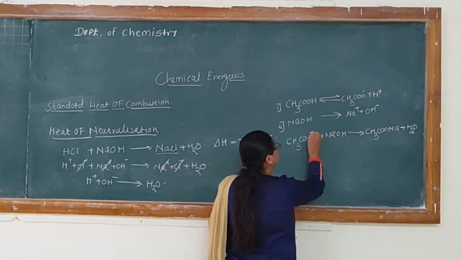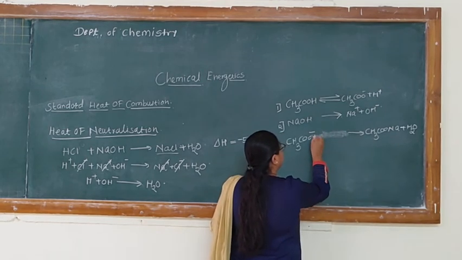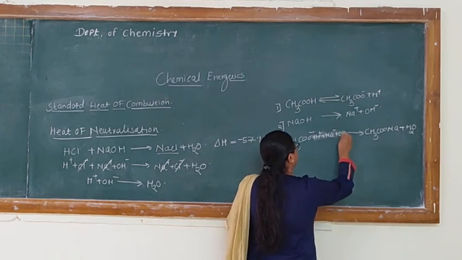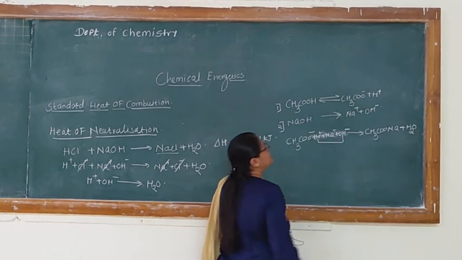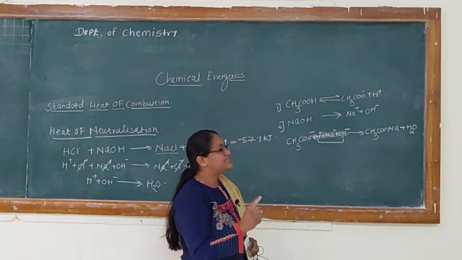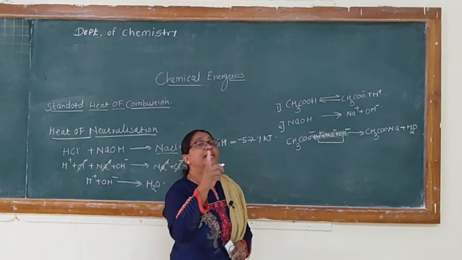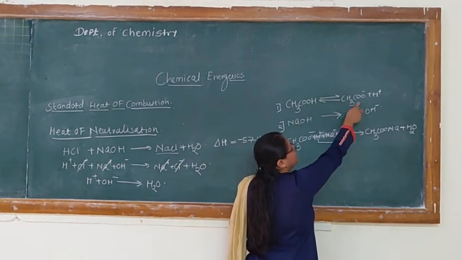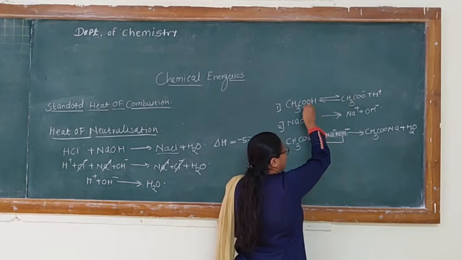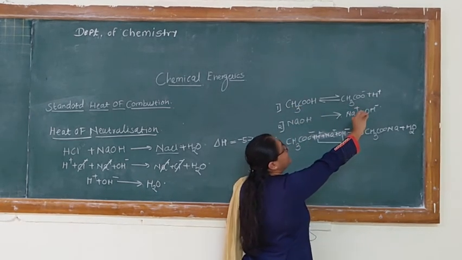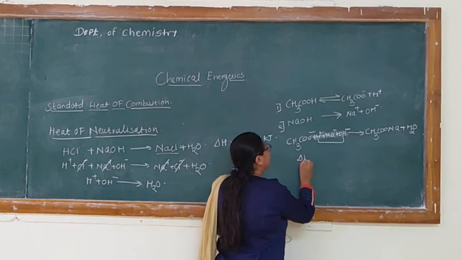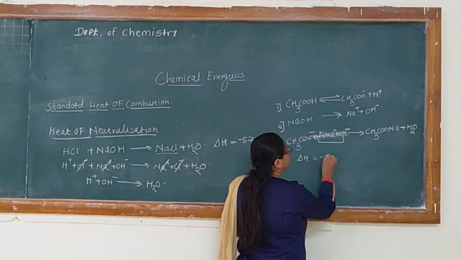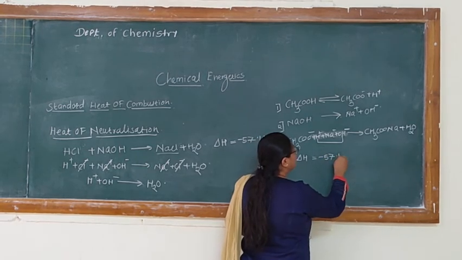Here, if we write it in ion form, in the reaction between H plus and OH minus, the heat which is evolved is used to shift the equilibrium of this reaction towards the right, so that the acetic acid will dissociate completely, and that is why the delta H, that means the heat of neutralization, is not equal to minus 57.1.